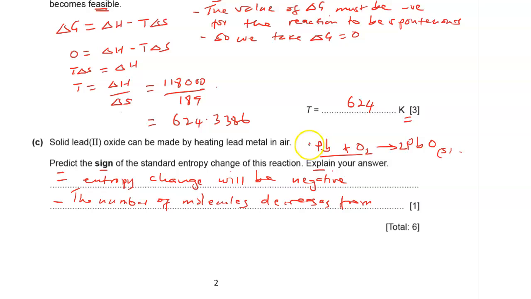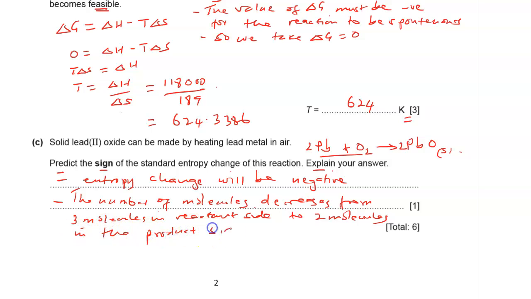So we have 2 plus 1, 3 molecules in the reactant side to 2 molecules in the product side. So the decrease in the number of molecules from 3 to 2 will result in less disorder, and therefore the entropy will be negative right there.